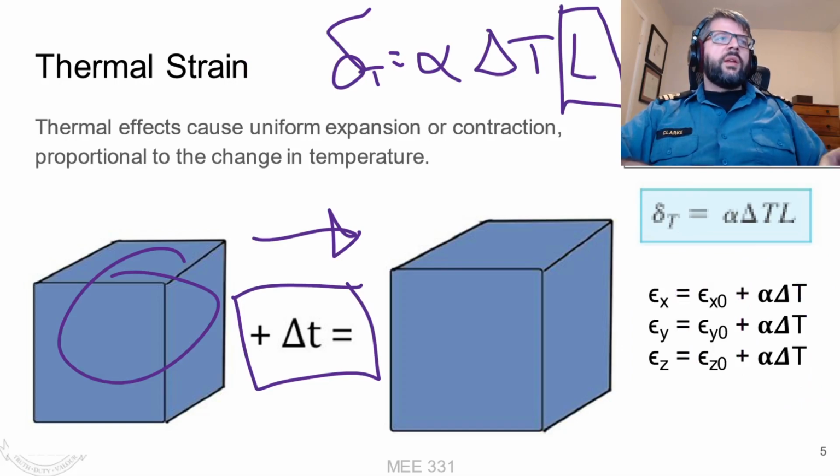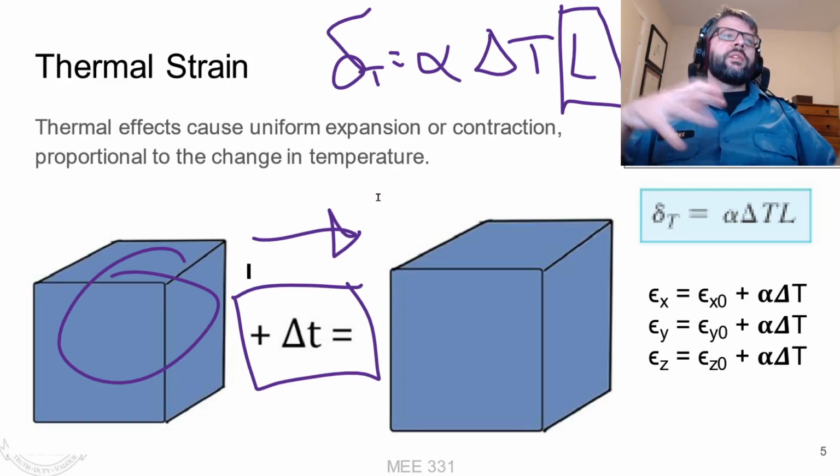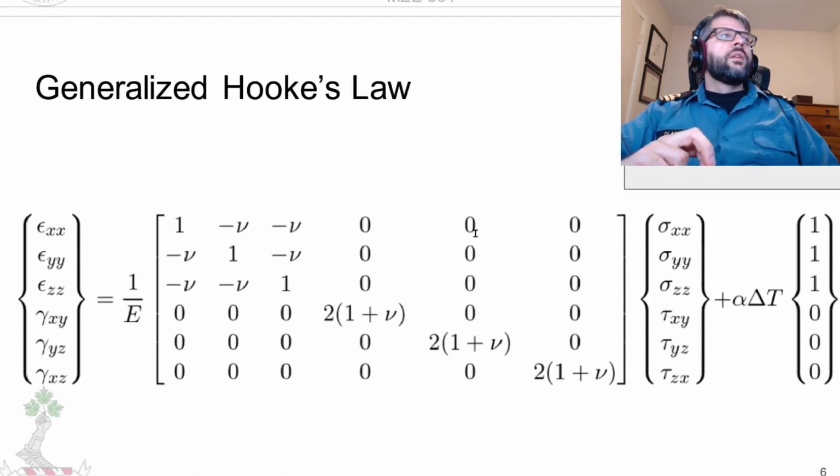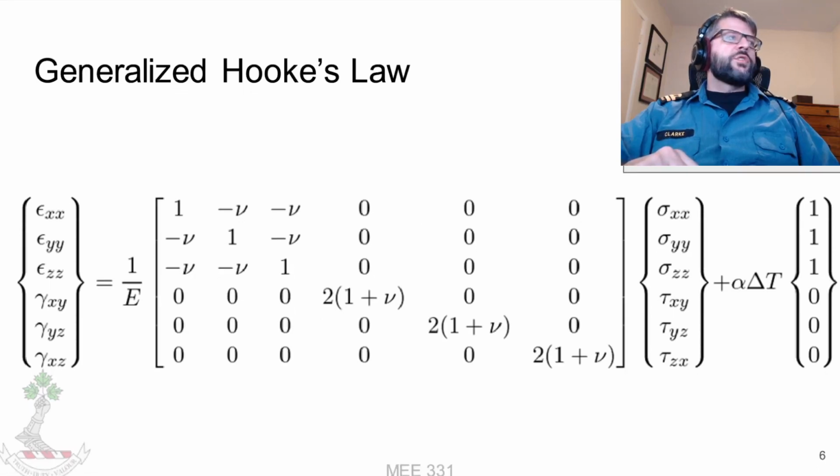And we can take all the things we talked about and combine them into one big equation, because we're going to need to understand how these things affect one another. So that allows us to build what we'll call the Generalized Hooke's Law.